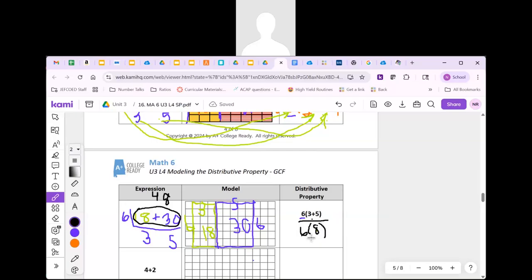What is 6 times 8? 48. So that's how I know they are for sure equivalent, right? Okay. So this is 48. And this is 48. So they are equivalent.